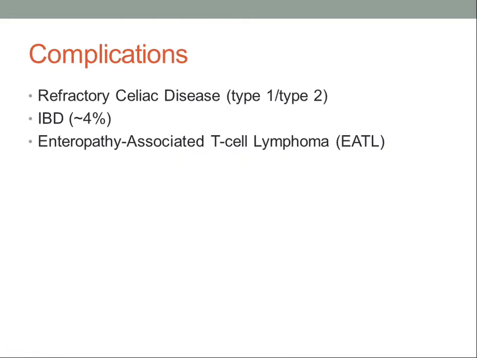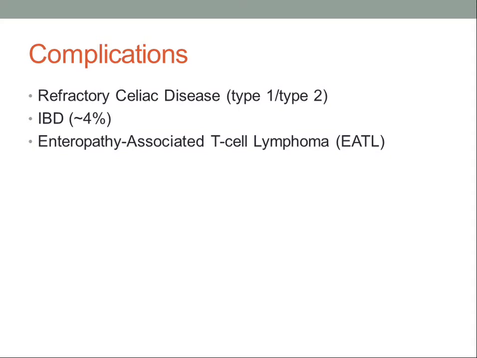There are several complications in celiac disease, including refractory celiac disease, which is actually very rare. There are two types of refractory celiac disease, type 1 and type 2. Type 1 is associated with a polyclonal T cell expansion, and type 2 is associated with a monoclonal T cell expansion.